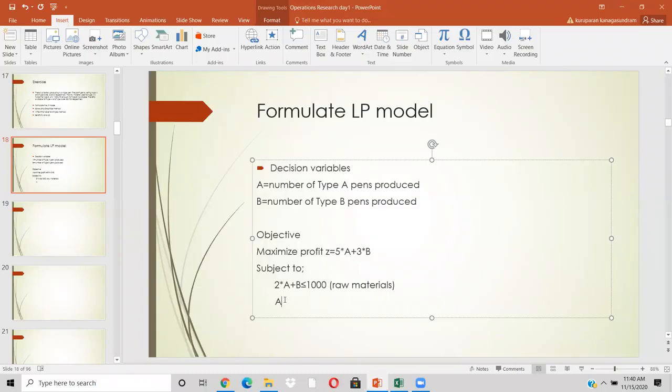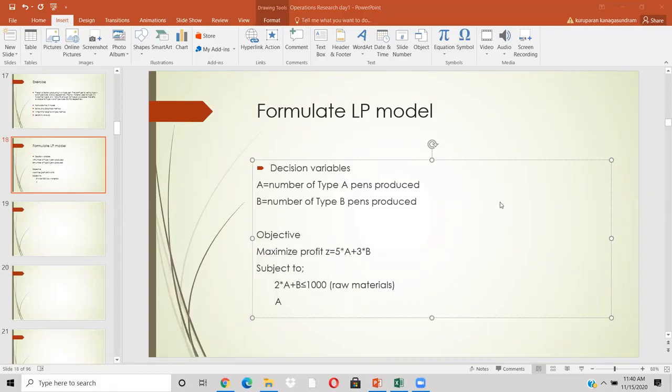Suppose you are in a factory and you have refills for 400 pens. How many pens can you produce in type A? The maximum is 400.